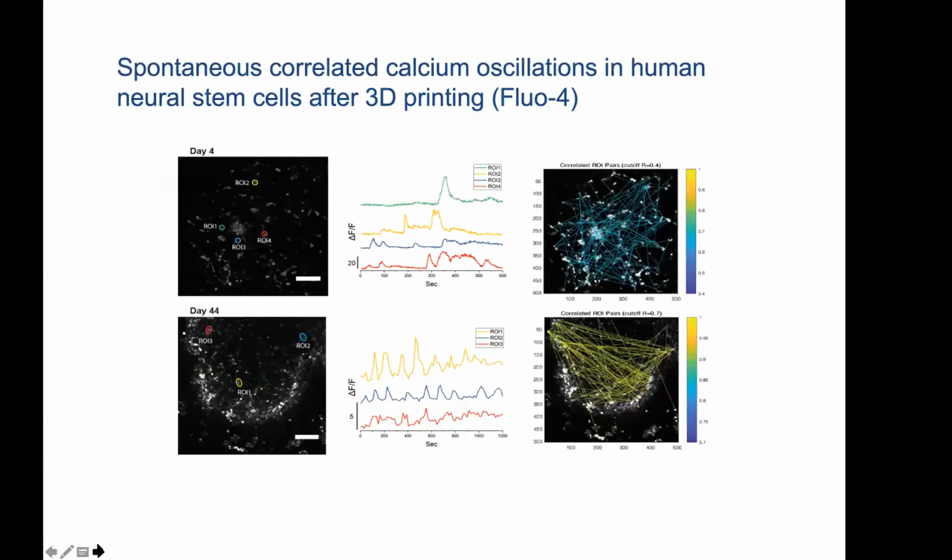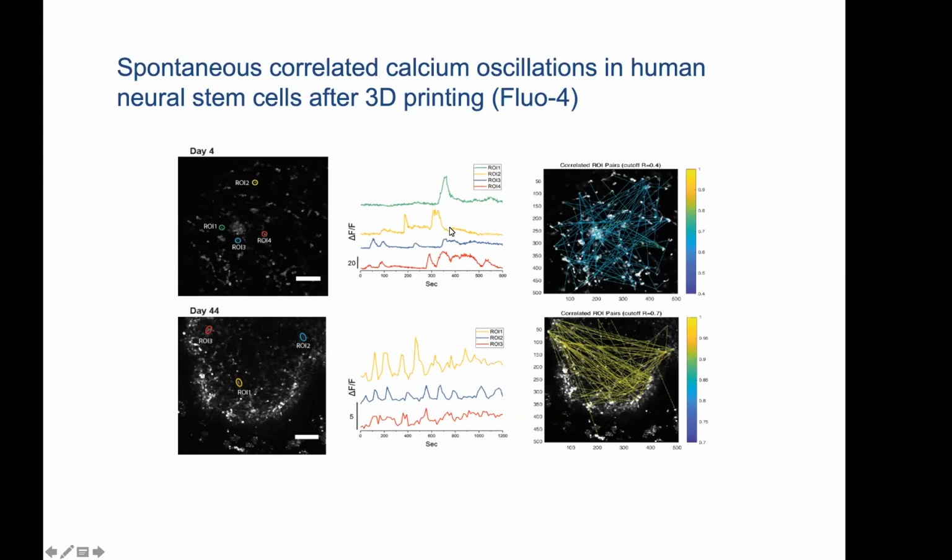And these cells, once they're printed, are functional, and they will show spontaneous calcium oscillations using the calcium-sensitive dye, Fluo-4. When they're first printed, you see few of these oscillations, and they're not very highly correlated.